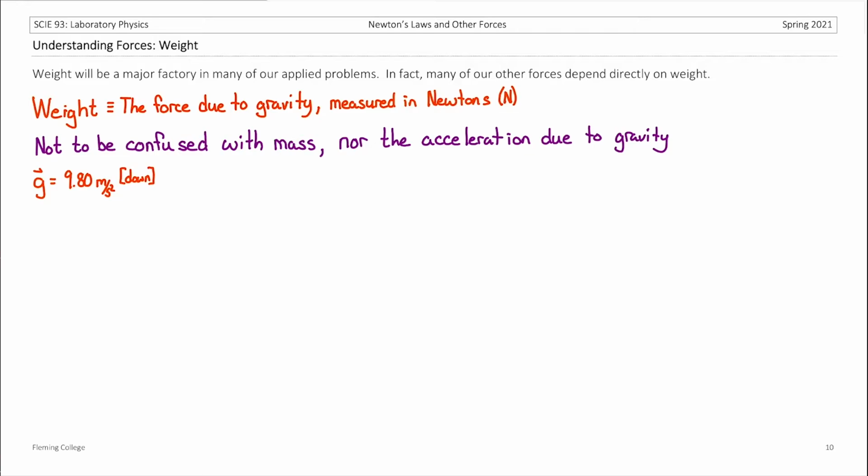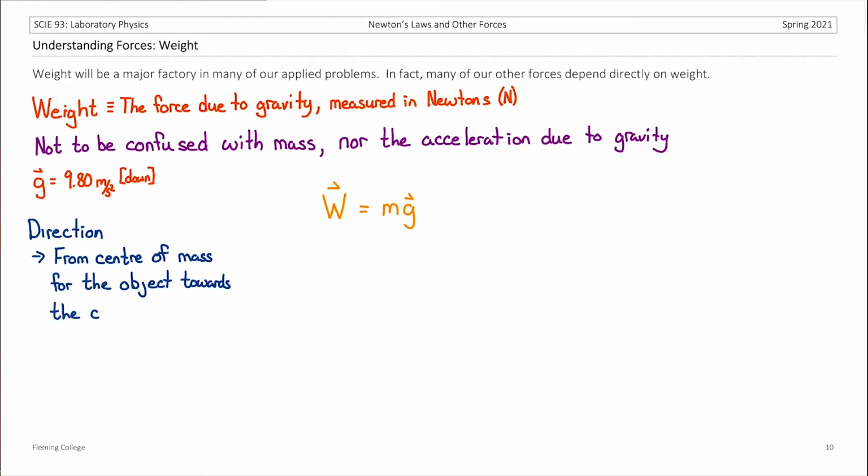Whereas the concept we're talking about here, the force due to gravity, is represented as the weight, w with an arrow over top, and can be calculated as mass times acceleration due to gravity. Weight points straight down. So the direction of this vector will be that gravity acts on the center of mass of the object and always points towards the center of Earth.